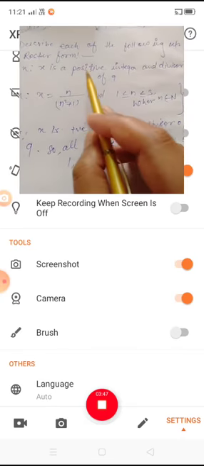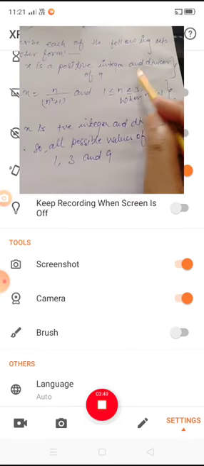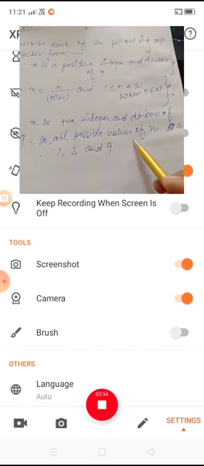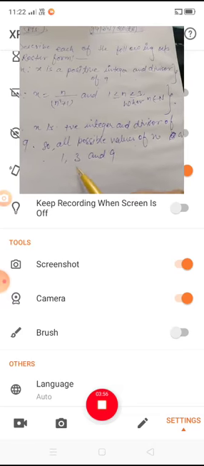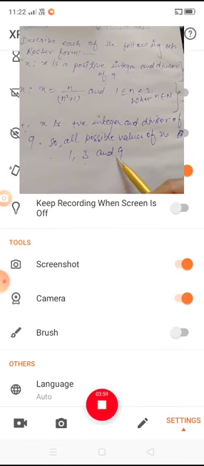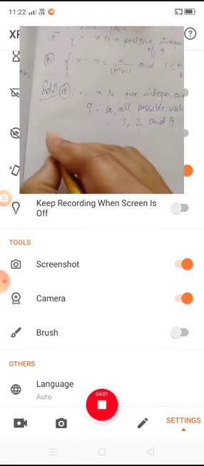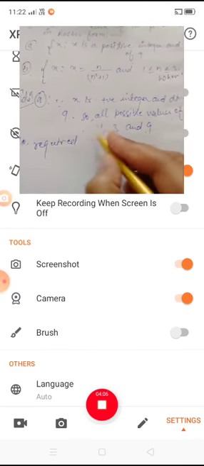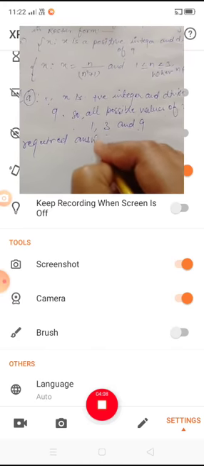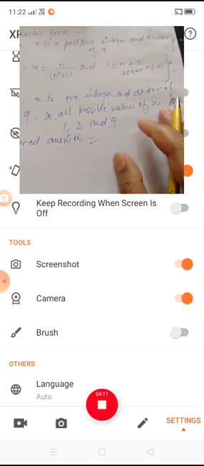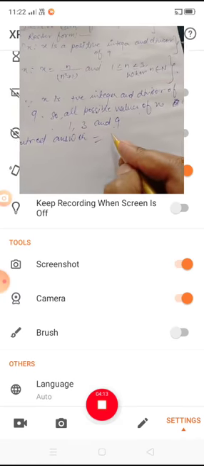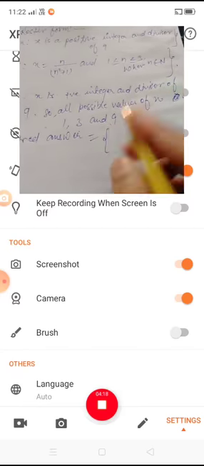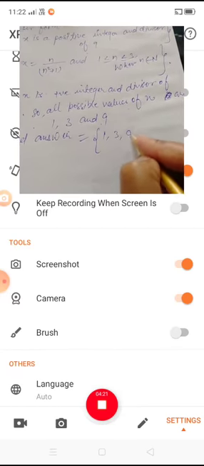So the required answer in roster form, simply in curly brackets using commas, is {1, 3, 9}.